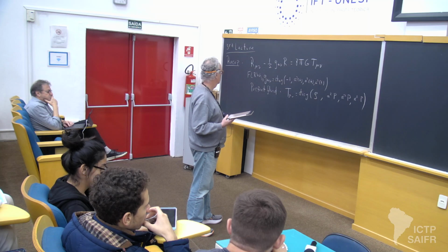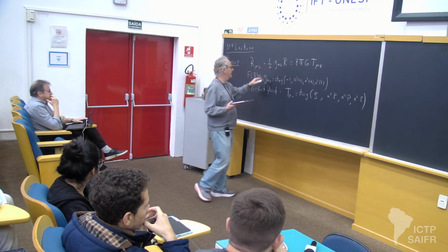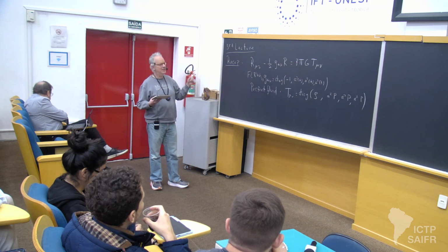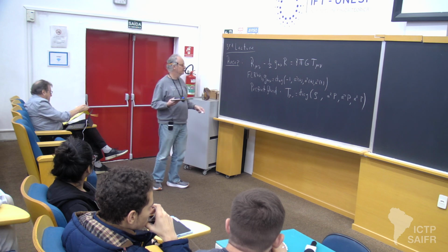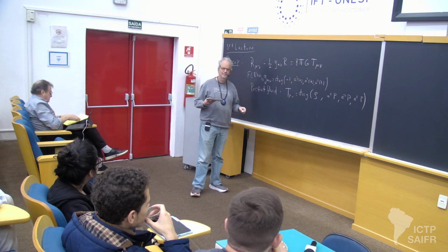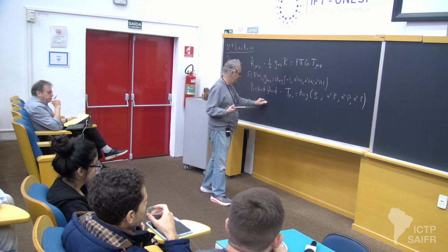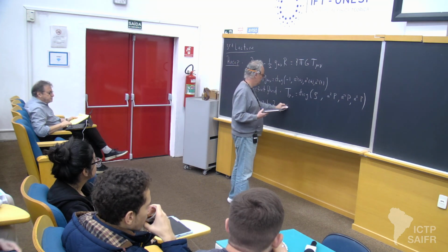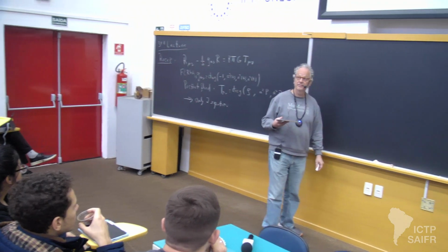Okay. So from this, we transform this system of 10 coupled partial differential equations into 2 equations. And the equations are the Friedmann equations.